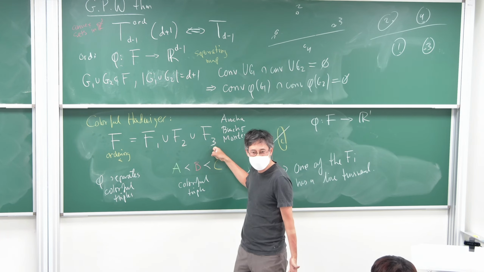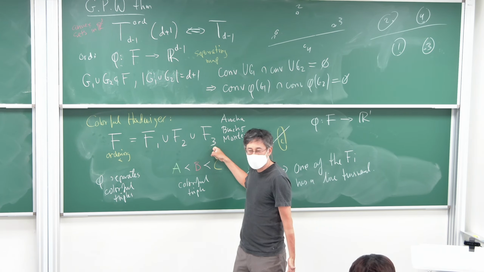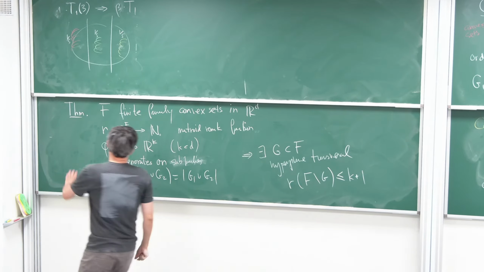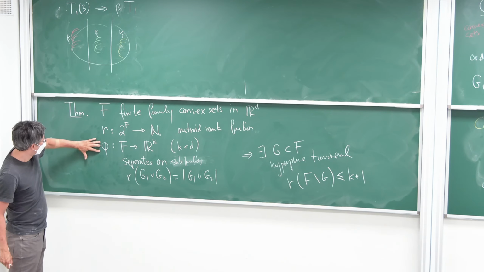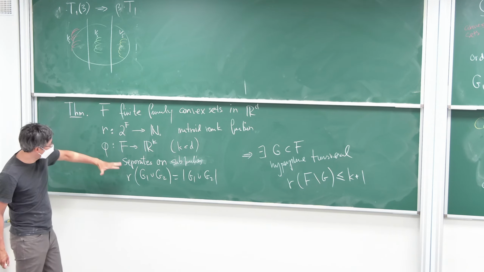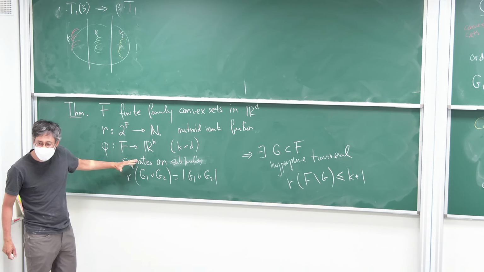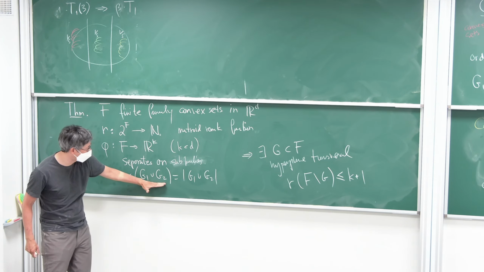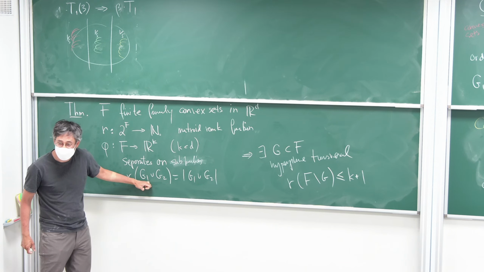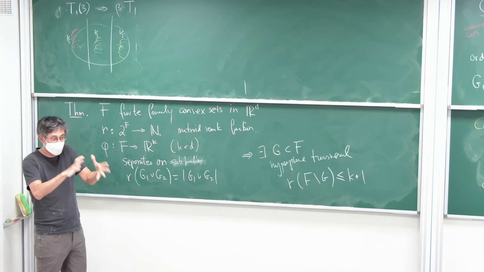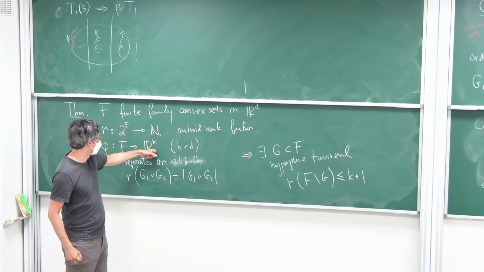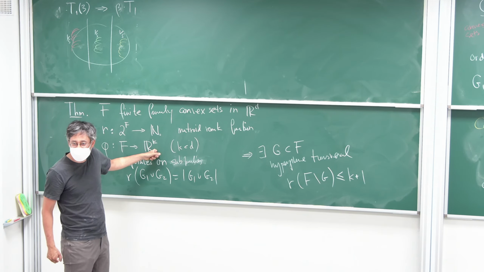So the separation condition only works on families that are independent sets in the matroid. I only look at independent sets in the matroid, and they separate consistently with this point set in R^k.